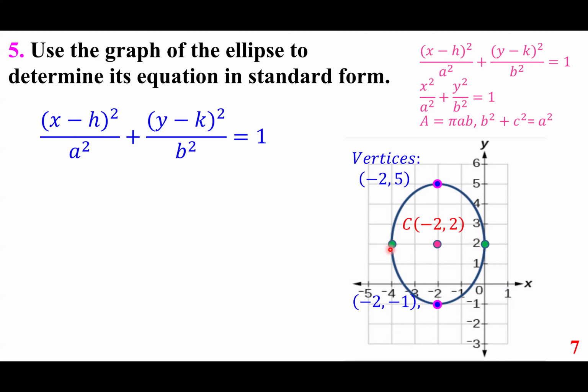This one, -4, 2. This one, 0, 2. So we have this distance and this distance as A and B. This one is A, which is 2. This one is B, which is 3.